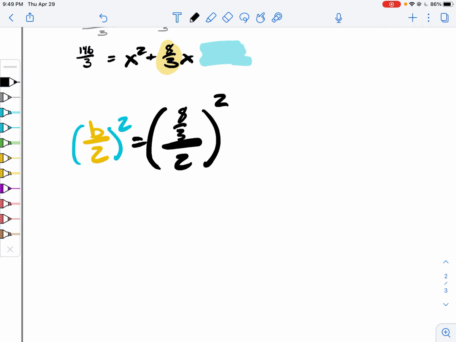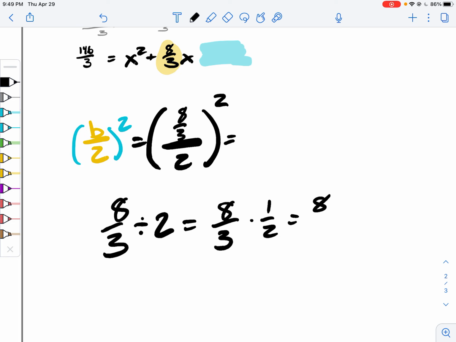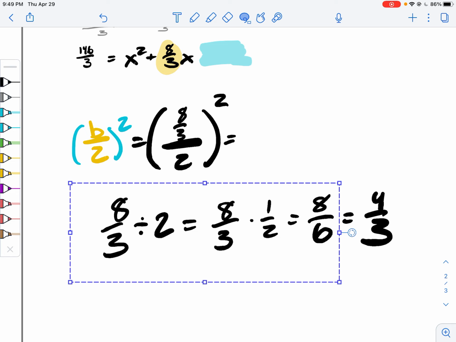Why did I do that? Oh. 8/3 divided by 2 is the same thing as 8/3 times 1/2, which is 8/6, which is 4/3. That's nice.